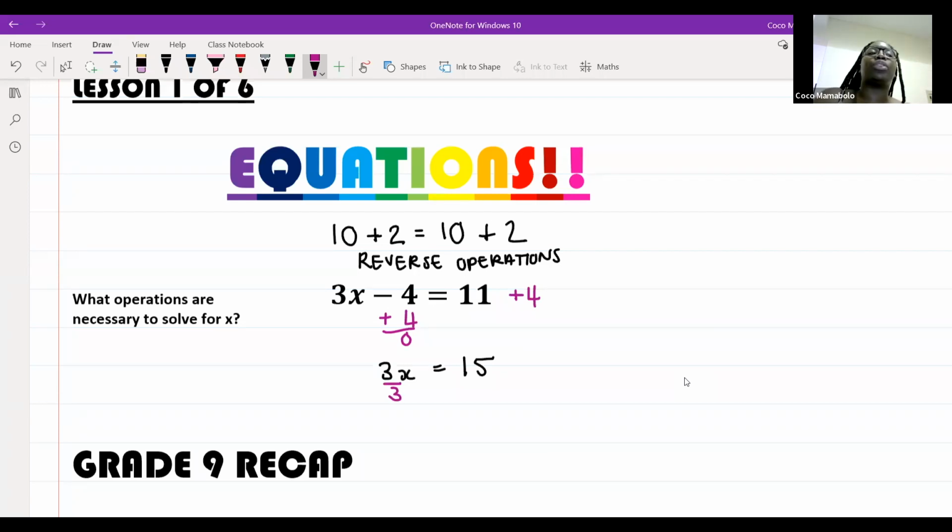And again, what I do on the left-hand side, I need to do on the right-hand side. We're going to learn something very important today, guys. When we get to the very end of a sum, we need to say, therefore, x is equal to 15 divided by 3, which is 5.